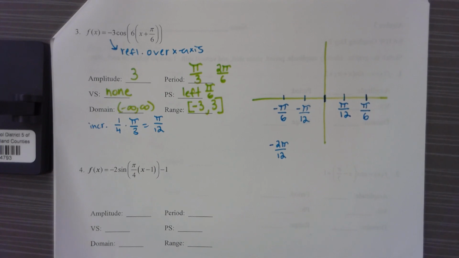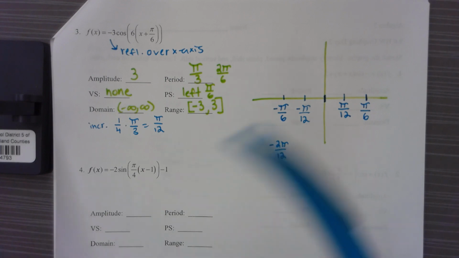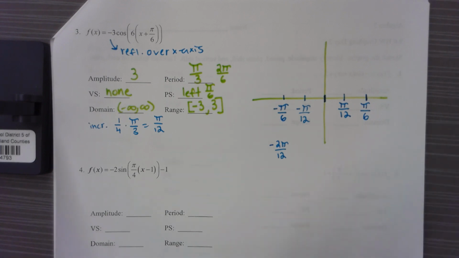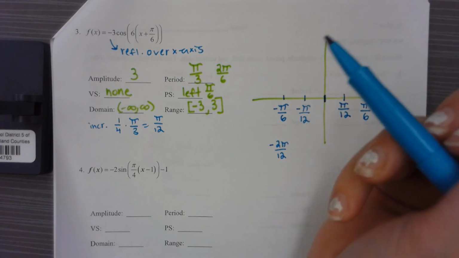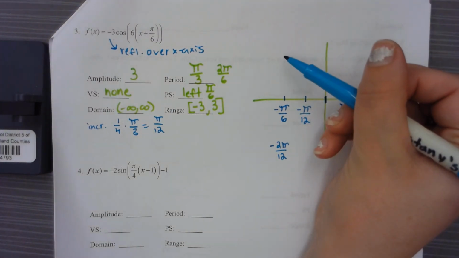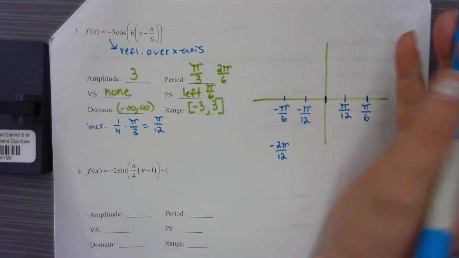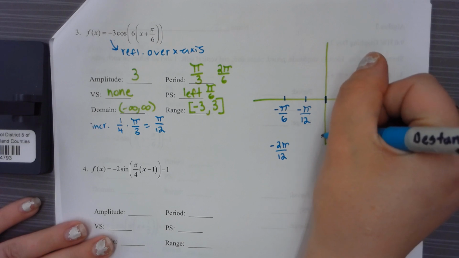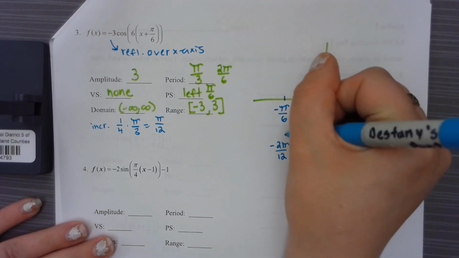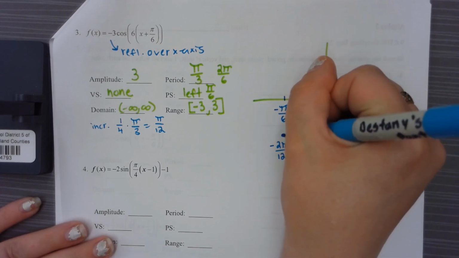Okay, the nice thing though is I'm not shifting up or down, right? So, does cosine start at 0 or at the amplitude? At the amplitude, right? So normally it would start at 3, but if I'm reflecting, where is it going to start? Negative 3. Right, so we'll call this negative 3. So it's going to start here.